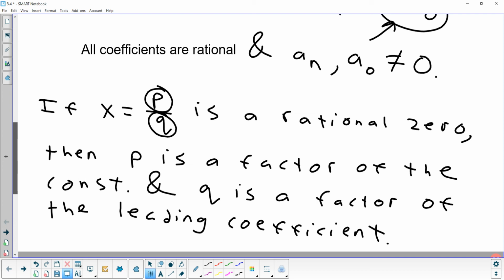I mean, there's an infinite amount of fractions. At least this theorem narrows down the fractions that could work. But we still have to check and see if they actually do work. Any question on that idea? So again, this theorem is just going to be generating a list of possibilities. That's all that it does.